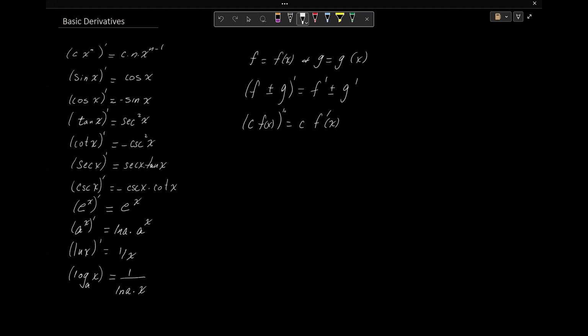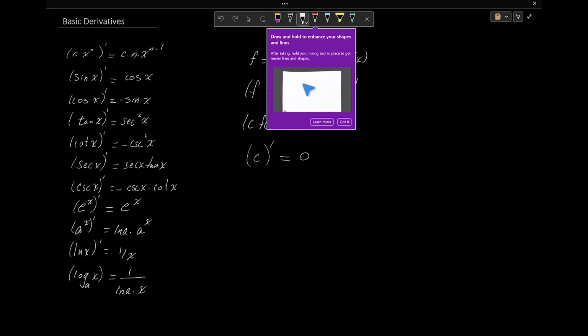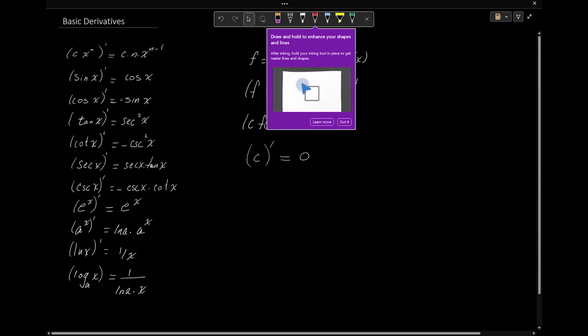And also, if we're taking some k, which is a constant, or let's in this case keep it consistent, c, its derivative is 0.